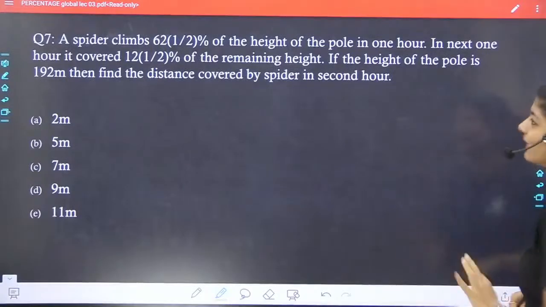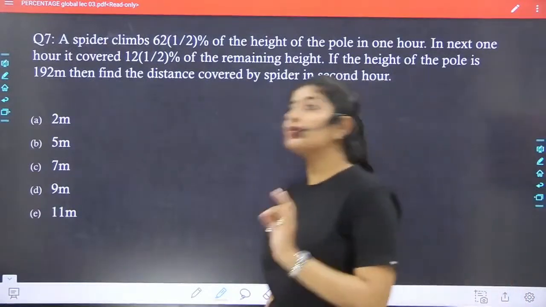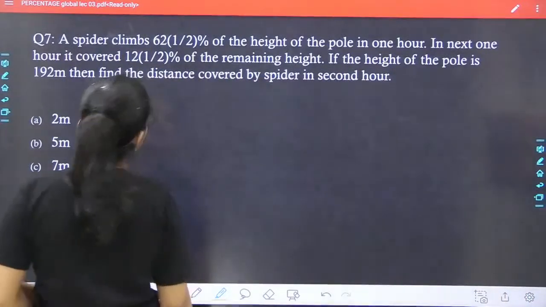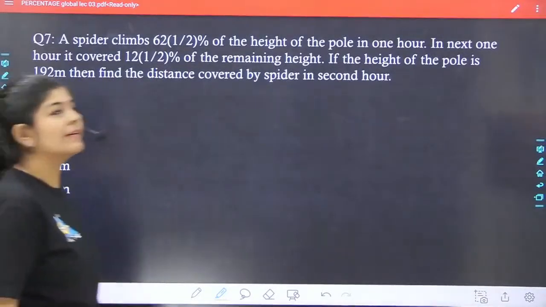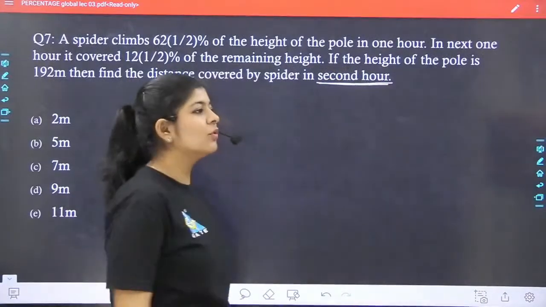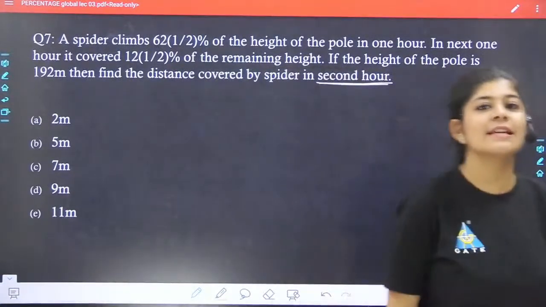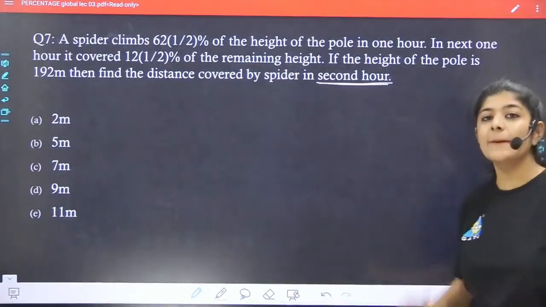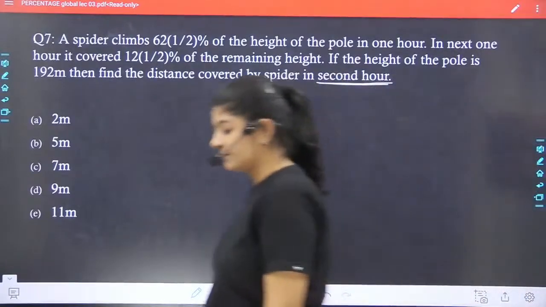If the height of the pole is 192 meters, then find the distance covered by the spider in the second hour.